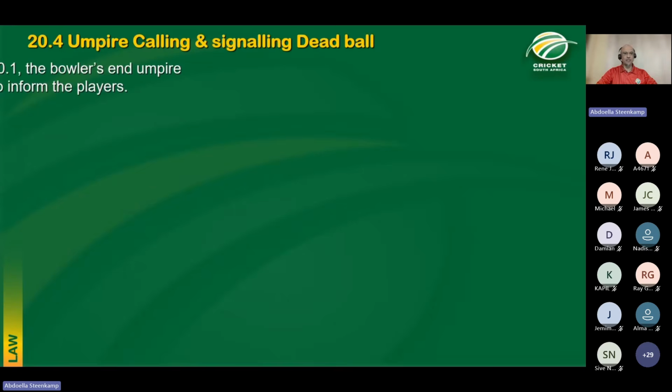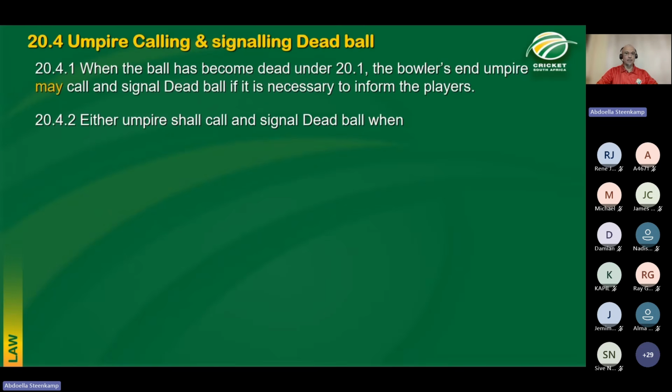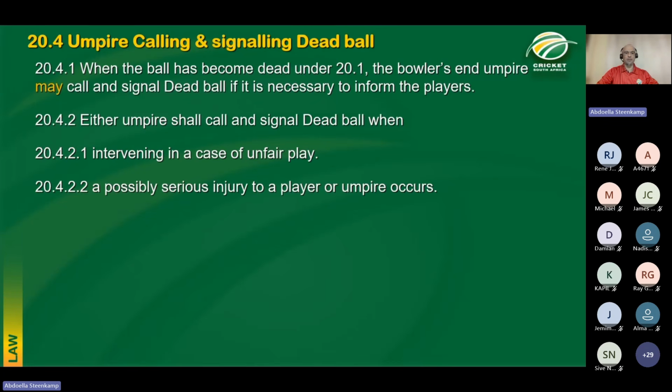Let's look at a few instances where the umpire needs to call and signal dead ball. Intervening in case of unfair play: before going to intervene, first call and signal dead ball. It stops anything from happening after you call it.